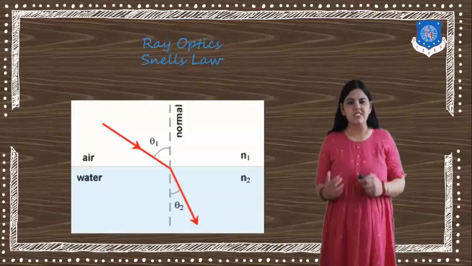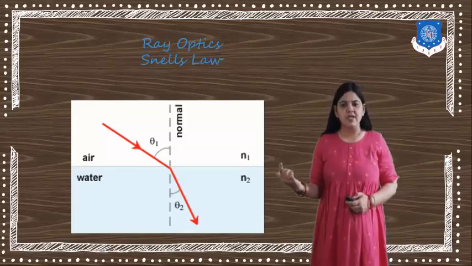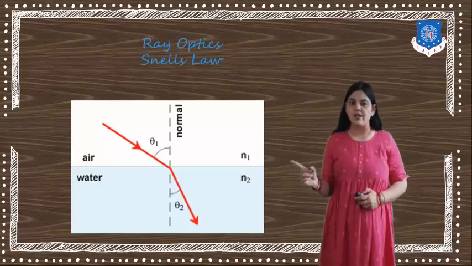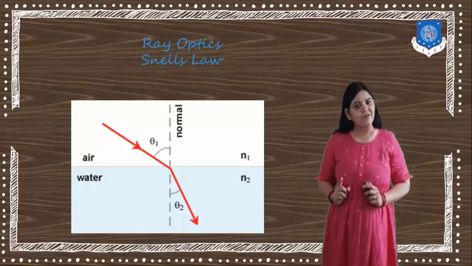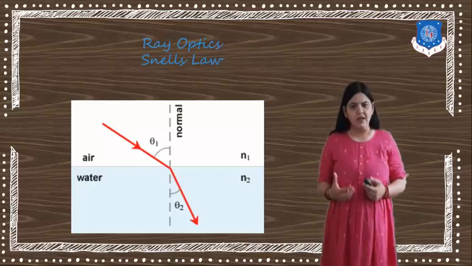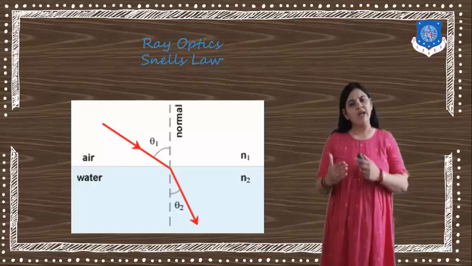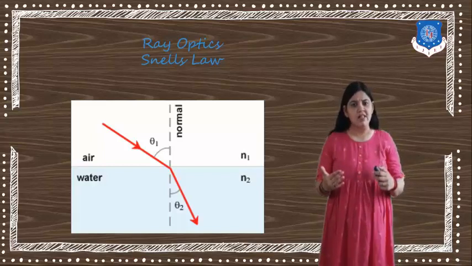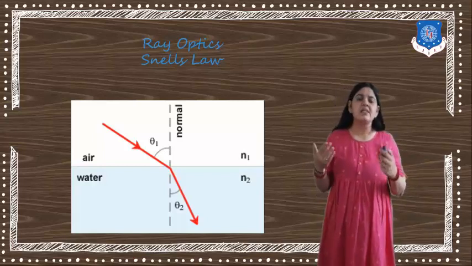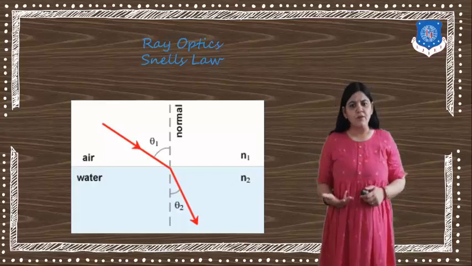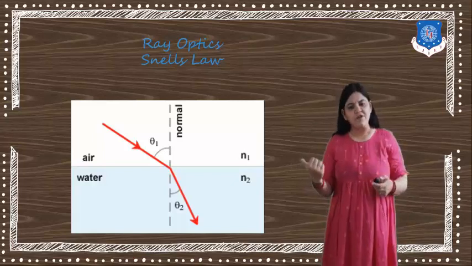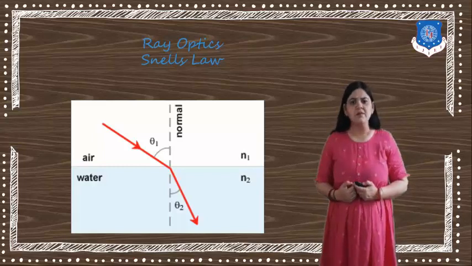Now we will study about it. Here you can see in the diagram the refractive index N1. How can we calculate the refractive index? It is eta equal to C upon V. While the ray travels into a different medium, the speed of light can change, and we can get an idea about the speed of light from this particular index.